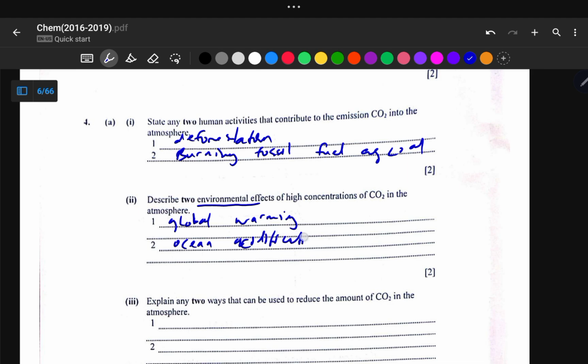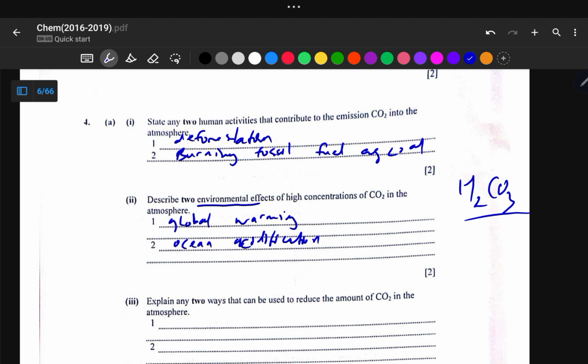Since carbon dioxide is an acidic oxide, it readily reacts with water to form what we call carbonic acid with the formula H2CO3, right? So this is the formula of carbonic acid. So this increases the concentration of protons in the water bodies.